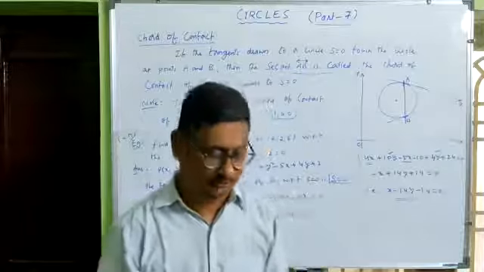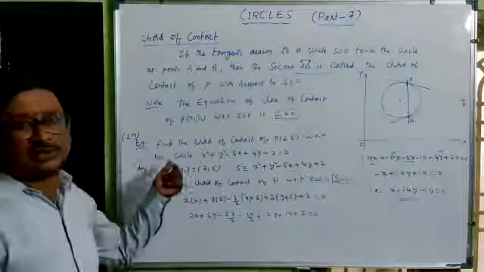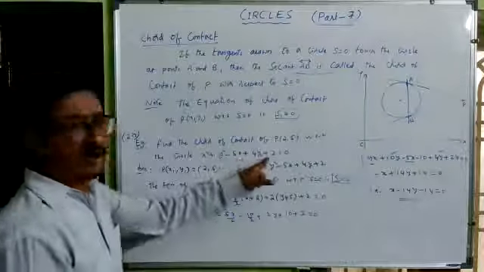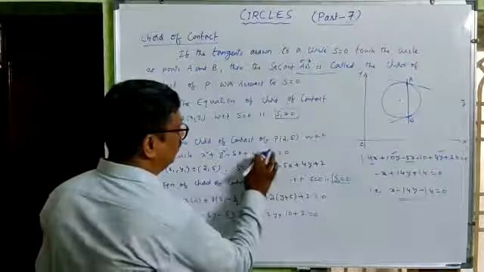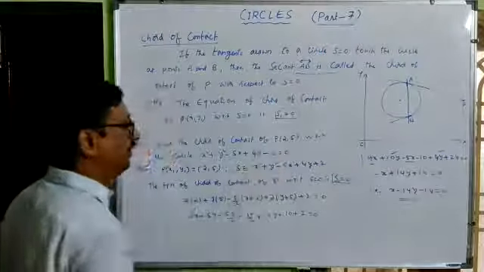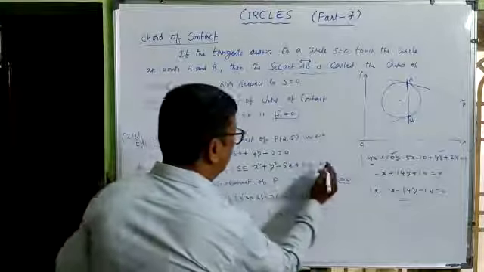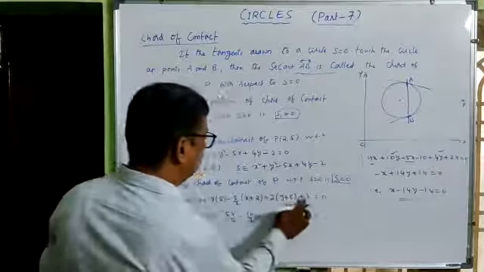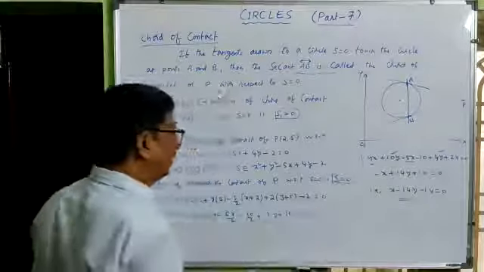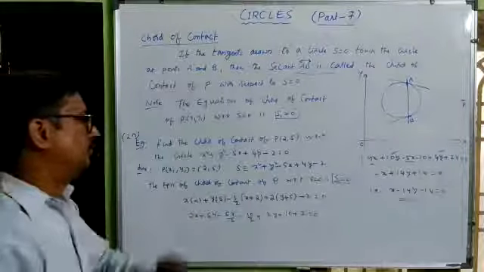A small correction is there. Here it is minus 2, not plus. If you take minus 2 here, the answer will be different. So here also minus 2, and this is also minus 2. There is only one mistake here.